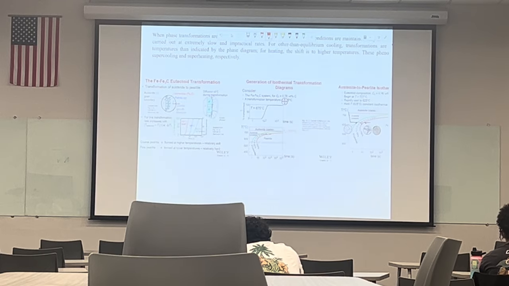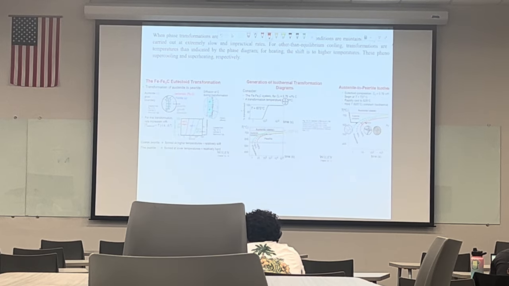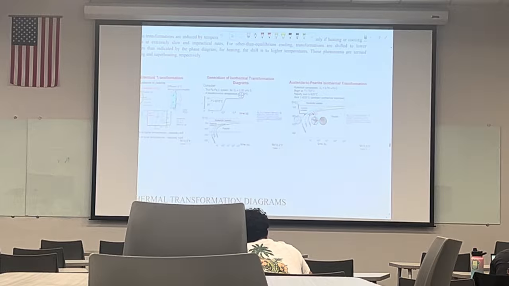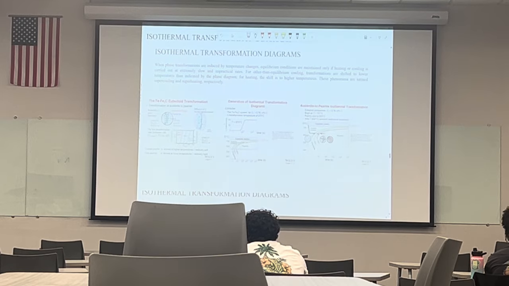And after 10 seconds, approximately, all the austenite is going to change into pearlite. So it depends on temperature. And at lower temperature, that time is going to take longer. So that's the main concept behind these isothermal transformations.